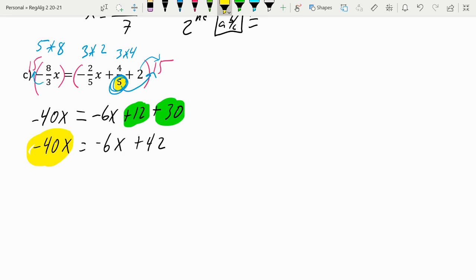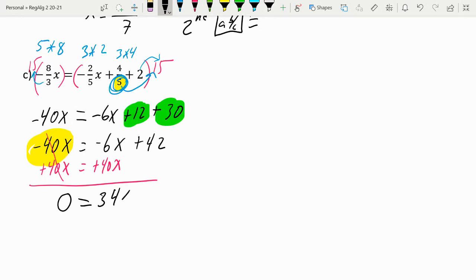But if I move that, I have plus 40x is equal to plus 40x. What happens there? I end up with 0 is equal to 34x plus 42.